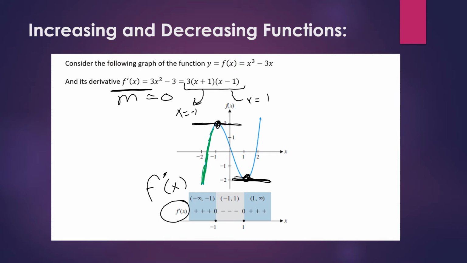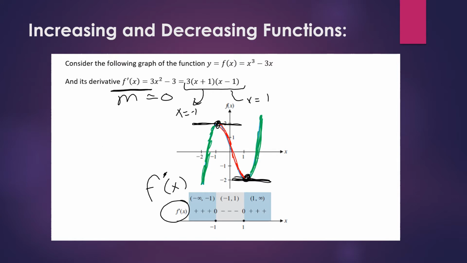And we can see that it's going up. Between -1 and +1, my function is decreasing. And that's pretty easy to see also. And then from +1 to +infinity, my function appears to be increasing again.